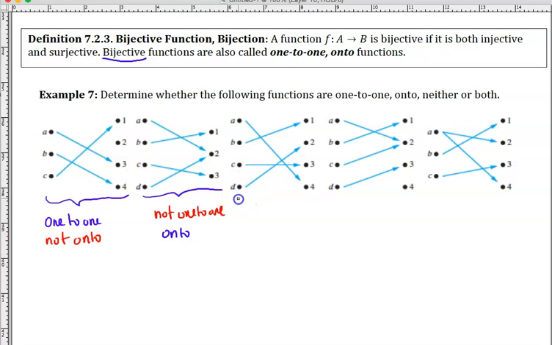Let's look at this one. All the y values are used, and all of them come from a different x. So this is both one-to-one and onto, so this one is a bijection.